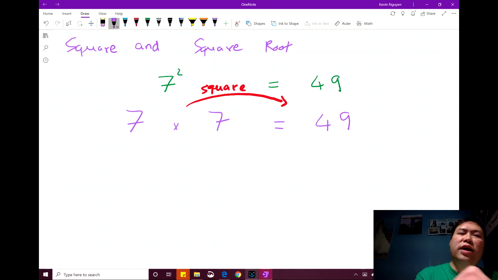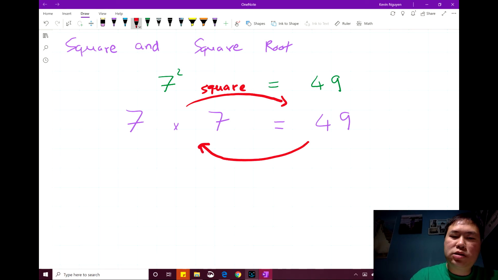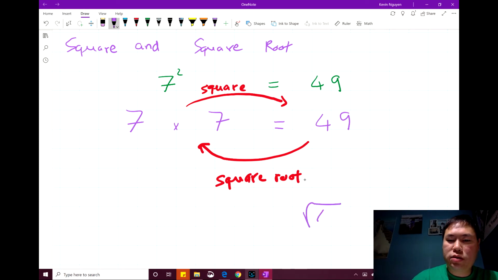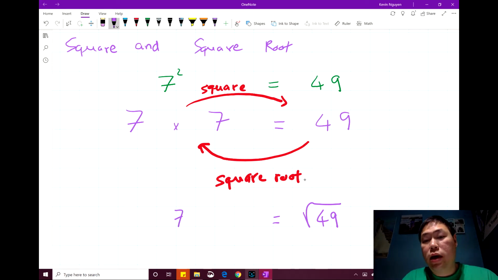If you start from 49, that's a process of square root. So these are exactly opposite processes. I can say the square root of 49 is equal to 7, because 7 times 7 equals 49.